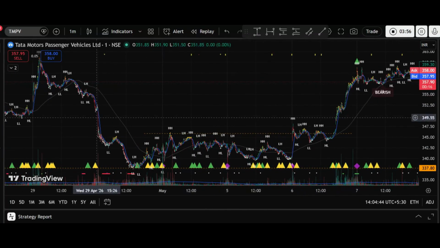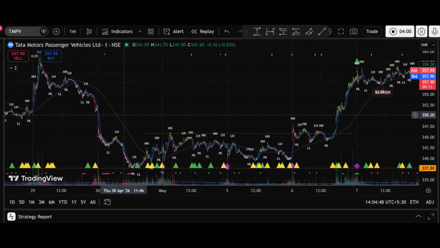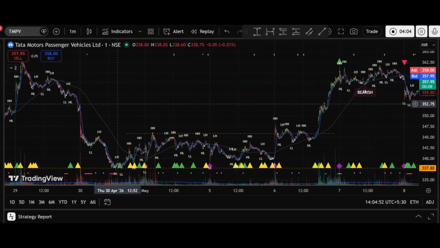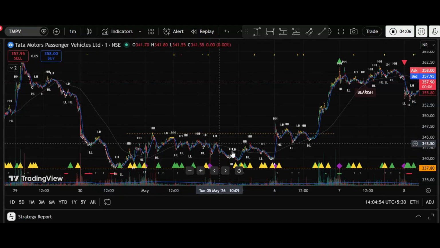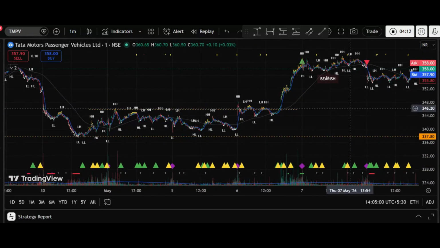Now, for me, if this is the greatest fall, having three oversold zones, of Tata Motors passenger vehicle, I will wait for a perfect consolidation zone, which is this zone.